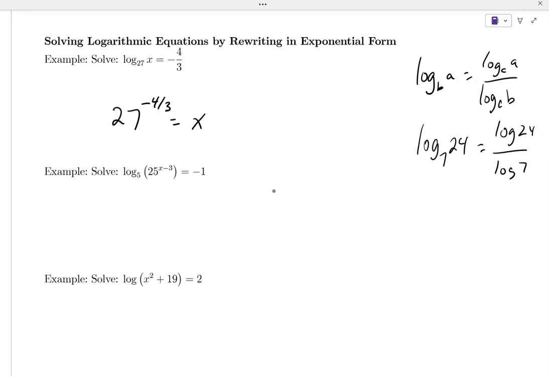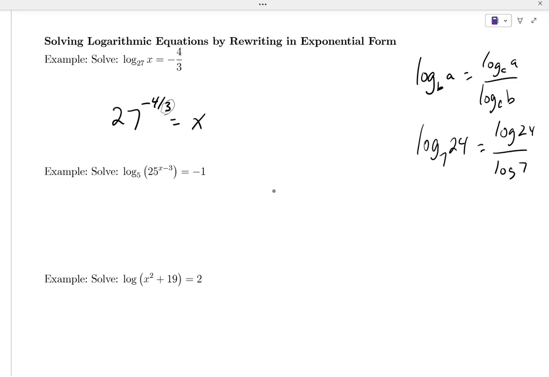So this one's already solved, but we should be able to simplify the left-hand side. What does the negative tell you to do for an exponent? Flip it. What does the number in the denominator tell you to do here, the 3? When you have a fractional exponent, what does the denominator tell you to do? It's cube root, right? Remember in a fractional exponent, the denominator is the root you take, right?